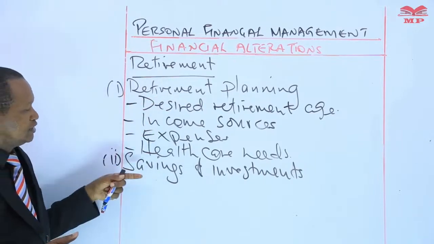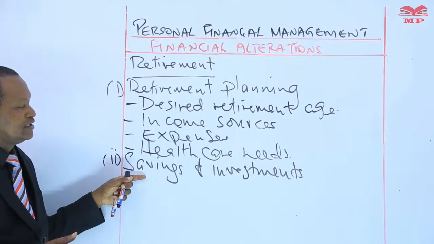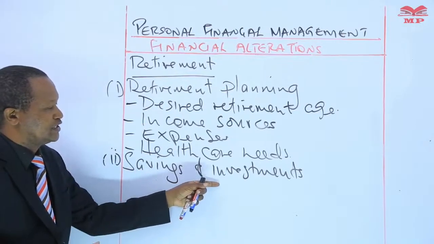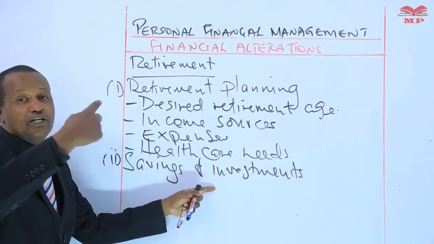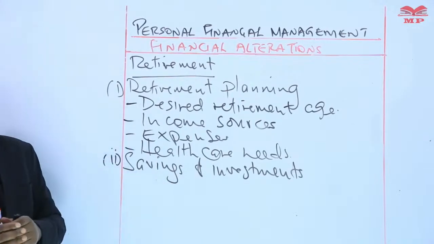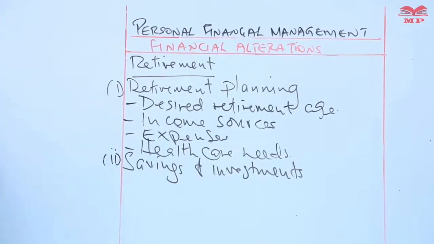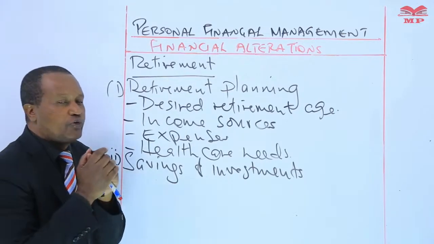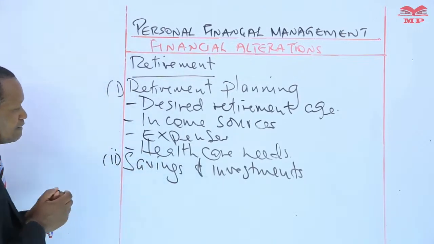When you are young, you need to have some savings. When you are young, you need to invest in long-term investments that will generate returns in the long run. Do you understand? Savings and maximize contributions to retirement accounts so as to accumulate sufficient savings for your golden years.